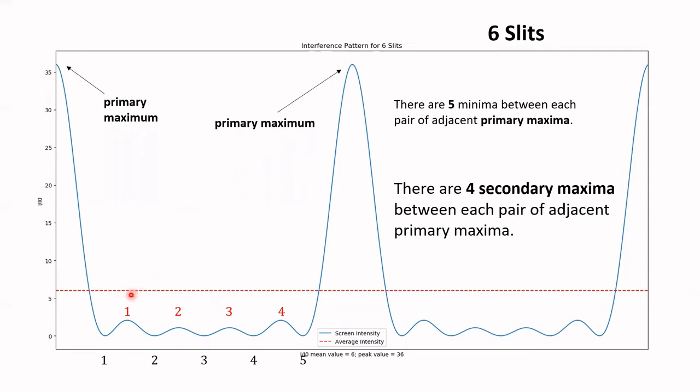But evidently there are some additional, much weaker interference maxima in between the primary maxima. And here's the pattern. If there are 1, 2, 3, 4, 5 minima, then there have to be 4 secondary maxima in between those minima. That's self-evident just by looking at the picture.